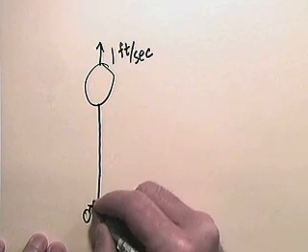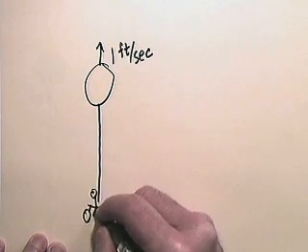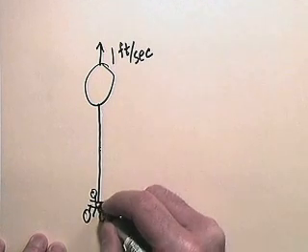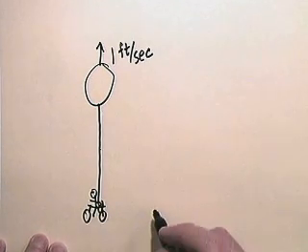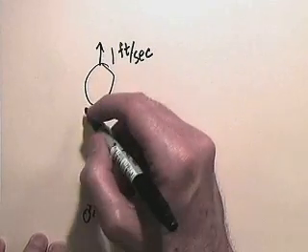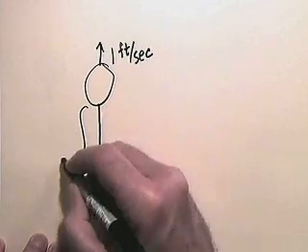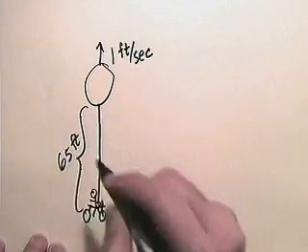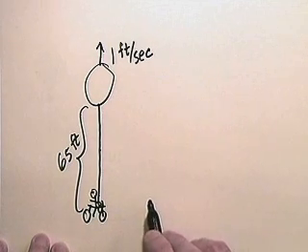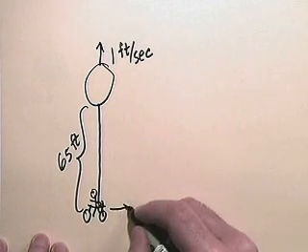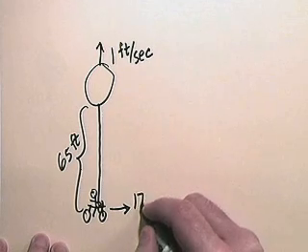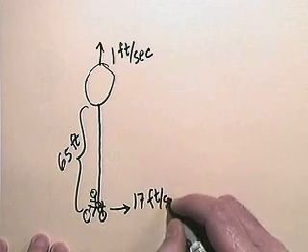There's a crude picture of a bicycle with a little person on the bicycle. It's got handlebars maybe. Doesn't have to be a very good picture. At that instant, the distance here is 65 feet. Now, the bicycle is moving to the right at 17 feet per second.